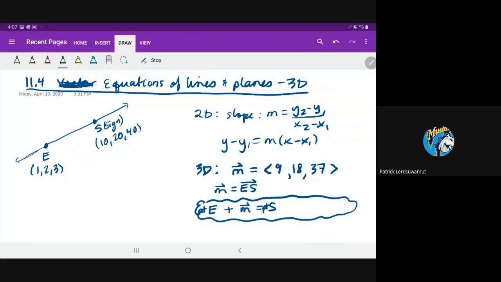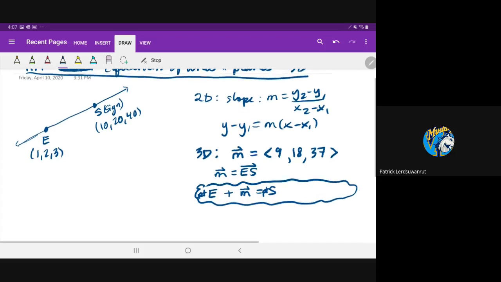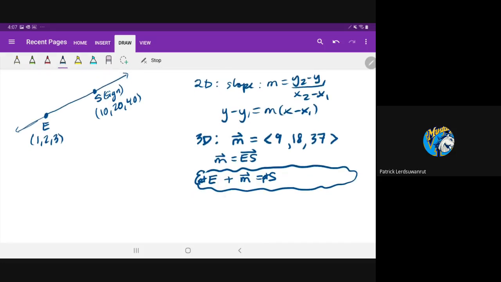We can add points and vectors, we just can't do it if I write it as a point. There's something called a position vector, usually called A. Let me show you what a position vector is. I'm looking at point E, but I can't add it to my M vector because it's a point.